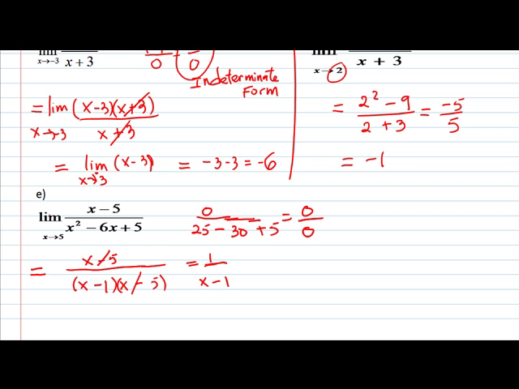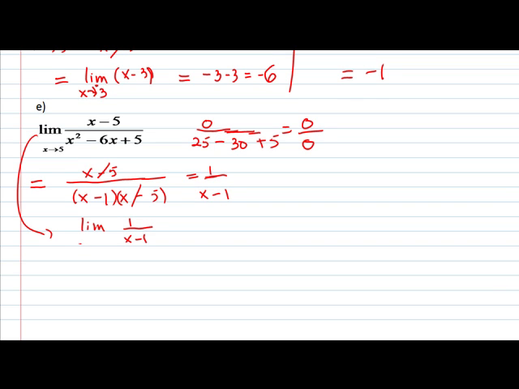In other words, our limit can be rewritten as the limit of 1 over x minus 1 when x goes to 5. Now, since x goes to 5 and 5 belongs inside this domain, we can evaluate the limit directly by substituting x by 5. So our answer is 1 over 4.